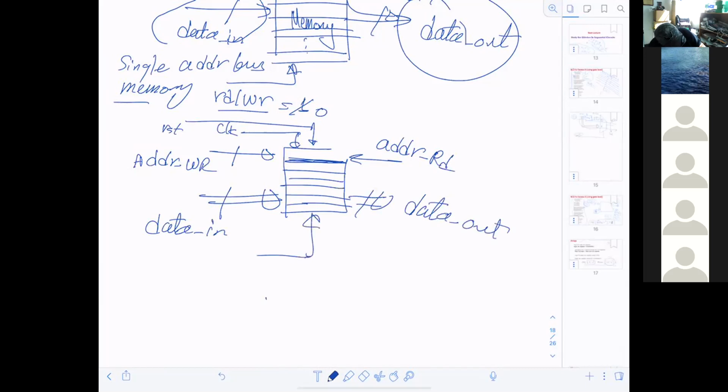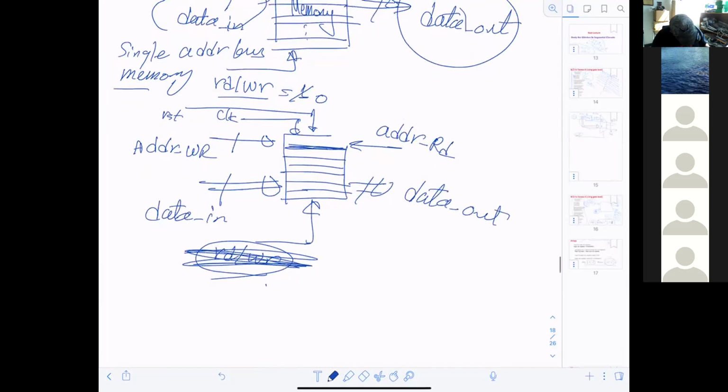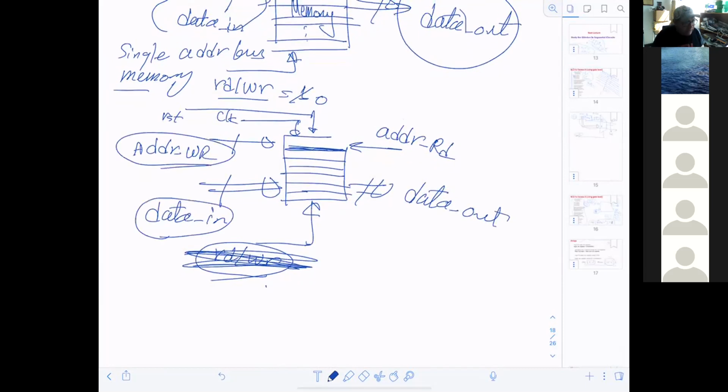You can have read, write, enable, or not. This one would be responsible for writing data into the memory, while this one picks which location to read out. So I read and write at the same time.